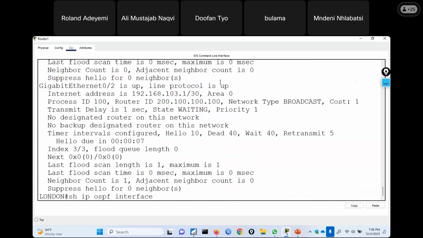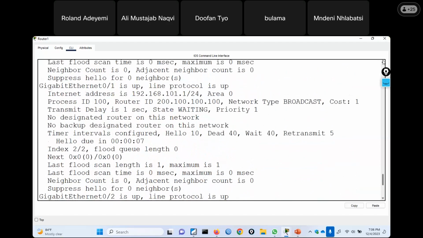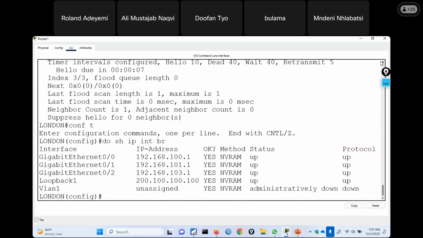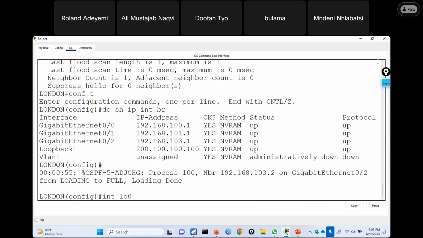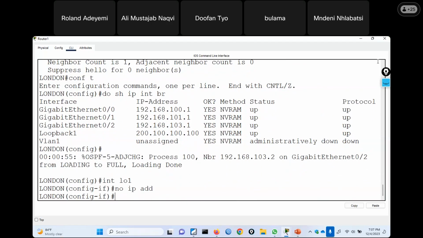Let me change it. Which loopback did I even go to? Let me check. Loopback 1, okay? Let me change it. Interface loopback 1, no ip. So let's now pick a lower IP address, say 150.100.100.100. 150 is lower than the others.